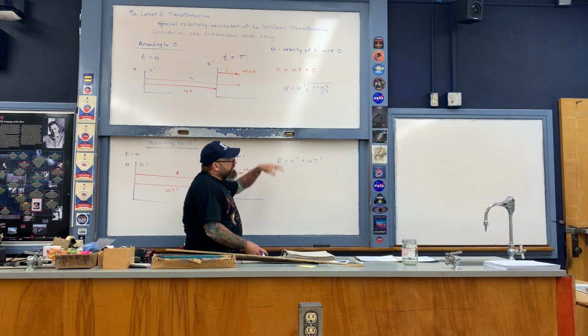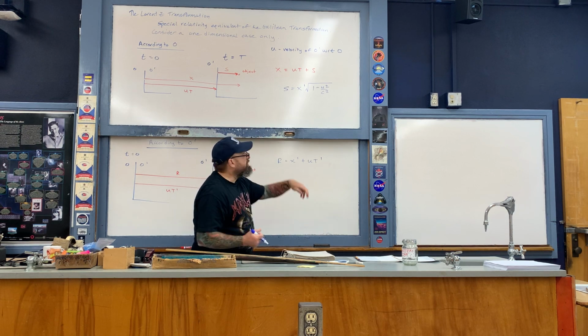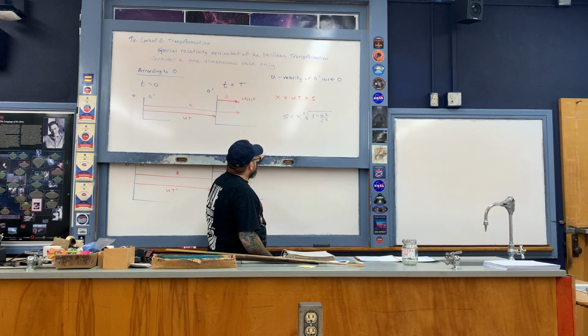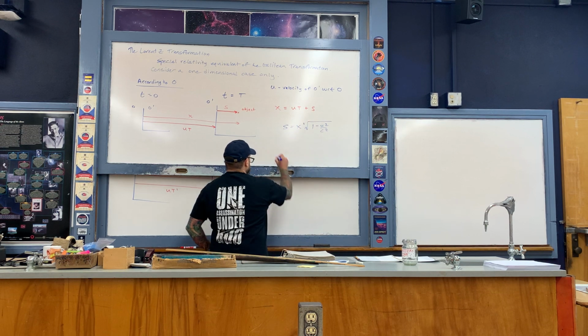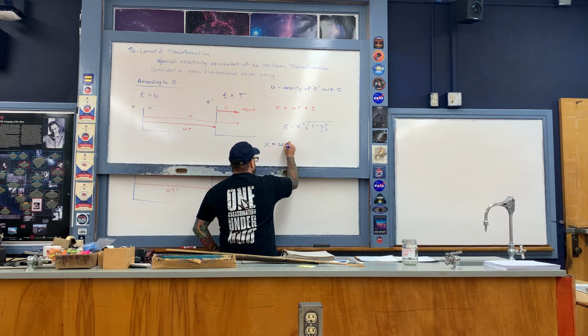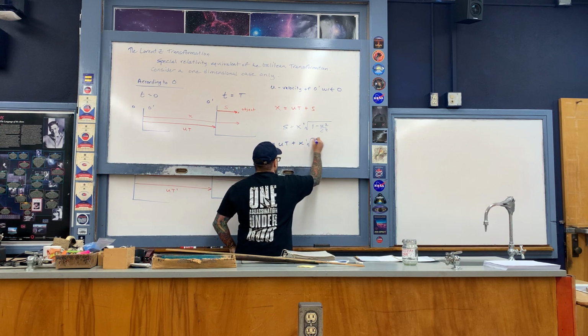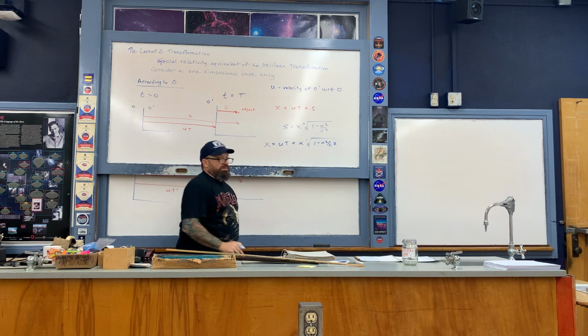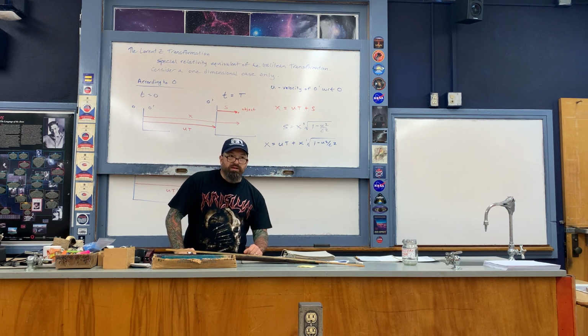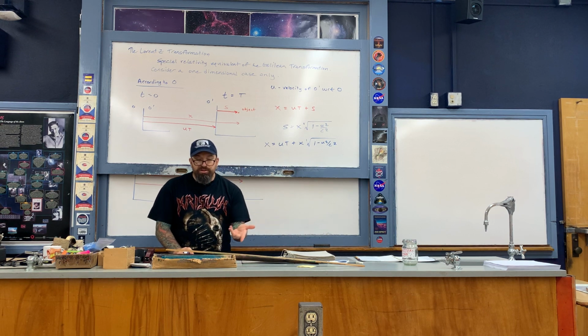Now to get the first of the Lorentz transformation equations, what I do is I just substitute into this expression for s this quantity here. This guy right here is the special relativity equivalent of the old Galilean transformation of r equals r prime plus ut. Notice how this expression works.